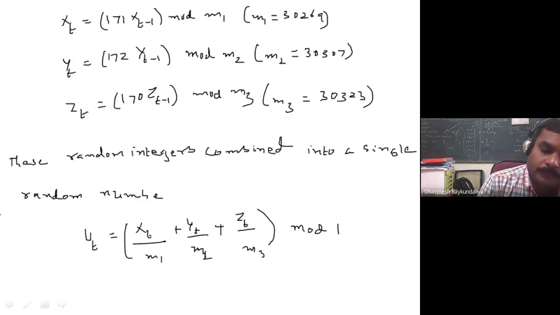So if the value is greater than 1, then you have to take the modulo 1. Suppose the answer is 2.1. Then when you take modulo 1, what is the answer? 1 twos are 2. So 2.1 minus 2, the answer is 0.1. And that is how it is modulo 1.